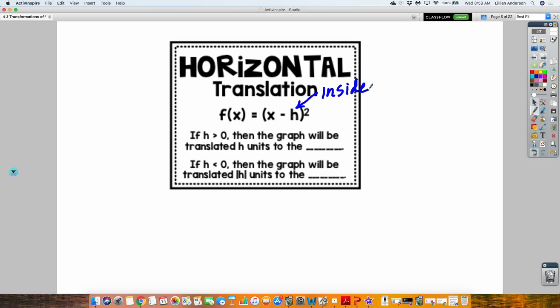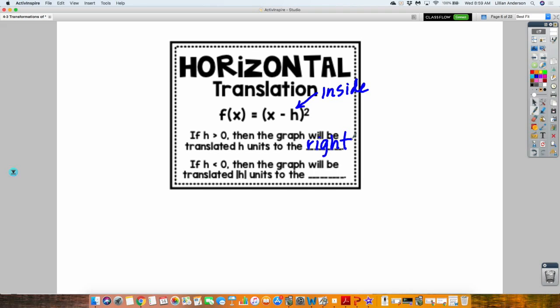But if you do, you got to be careful. If H is greater than 0, then the graph is going to be translated H units to the right. And if H is less than 0, then it's going to be translated absolute value H units to the left.